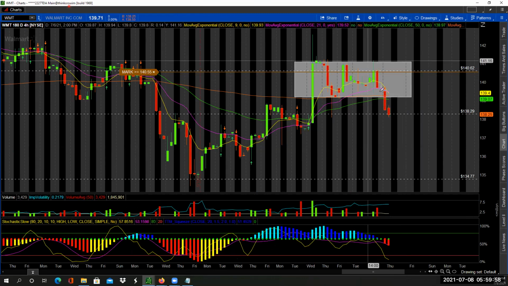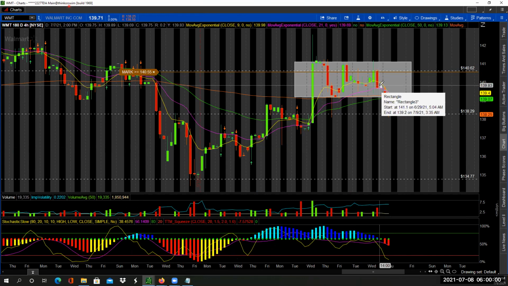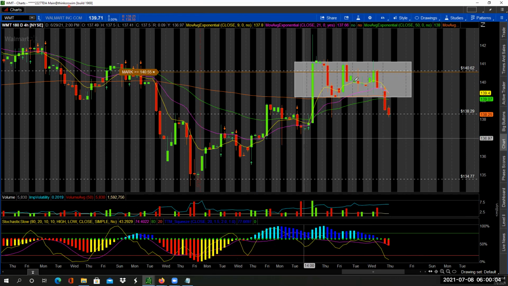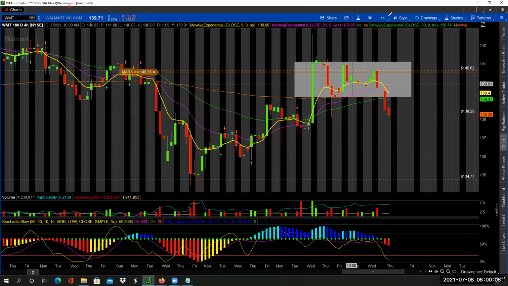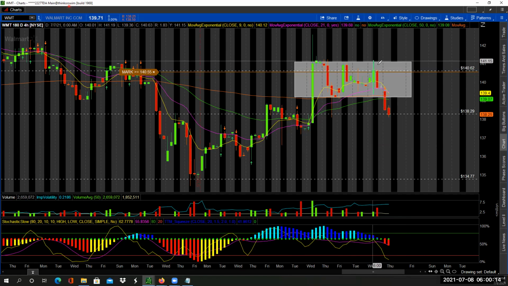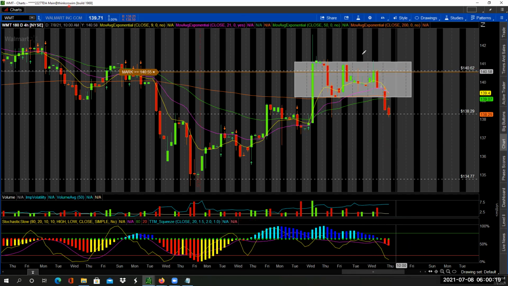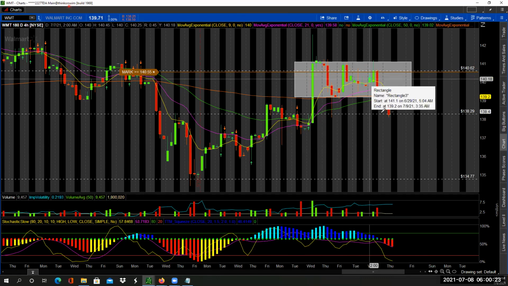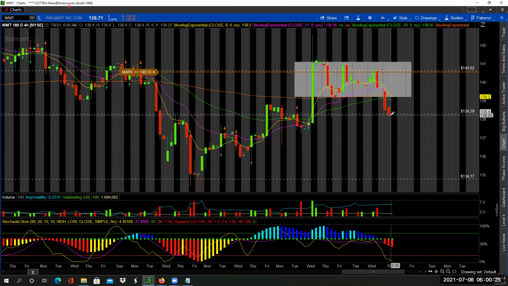Good, because we talked about it yesterday, how Walmart has been playing in the 140s, 139 area, and it's been struggling. Look what happened yesterday. We had a spike here, but we couldn't hold over this resistance area, and we were just trading within the price range. And then finally, this morning with the weak market, we just sold off.